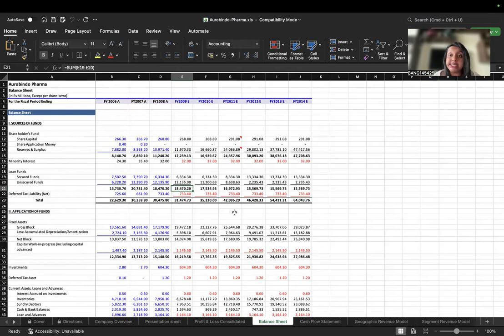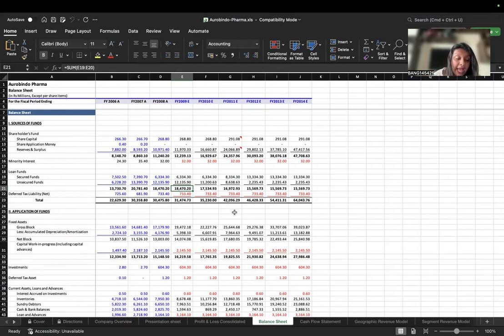This growth does not come from issuing new shares, but from retained earnings, the accumulated profit not paid out as dividends. So this is the purest form of organic growth financing.